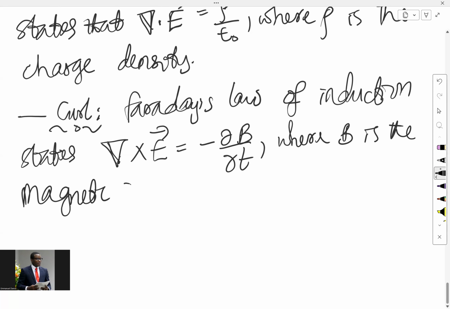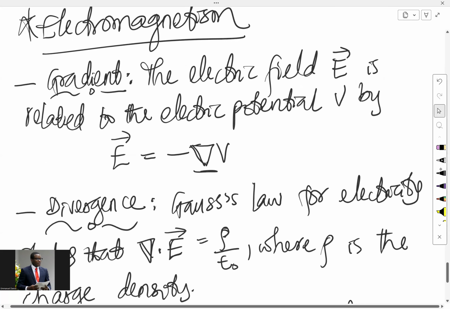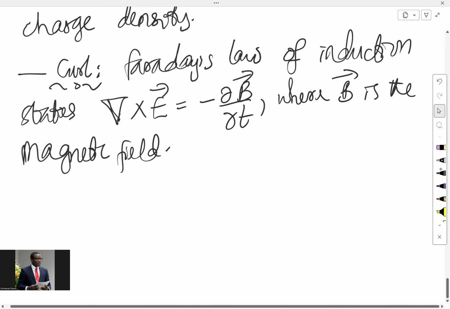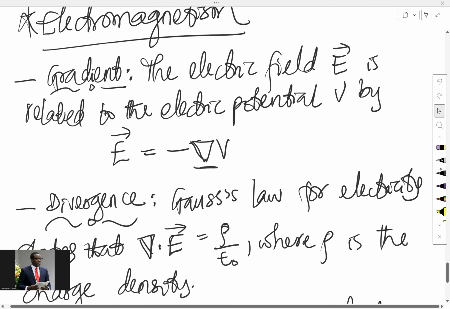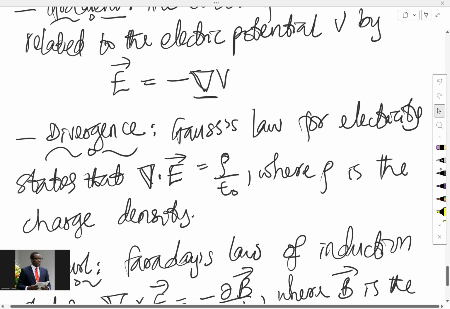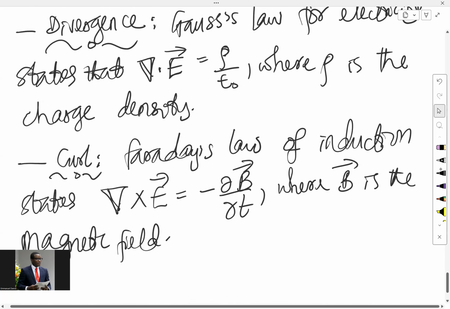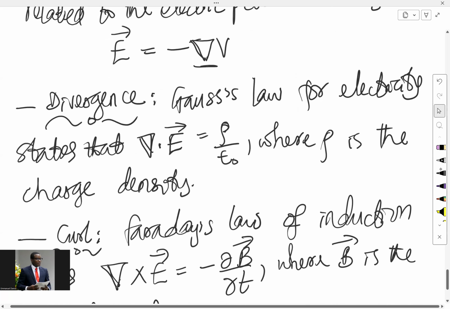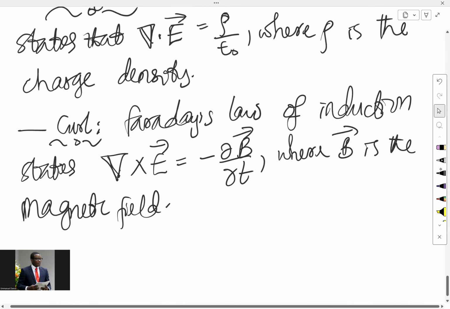Of course, being a magnetic field, it's actually a vector. The whole idea of electromagnetism is about how magnetism can cause electricity and how electricity can cause magnetism. So we see that grad, div, and curl all have applications in electromagnetism: the relationship between electric field and electric potential for gradient, Gauss law for electricity for divergence, and Faraday's law of induction for curl.